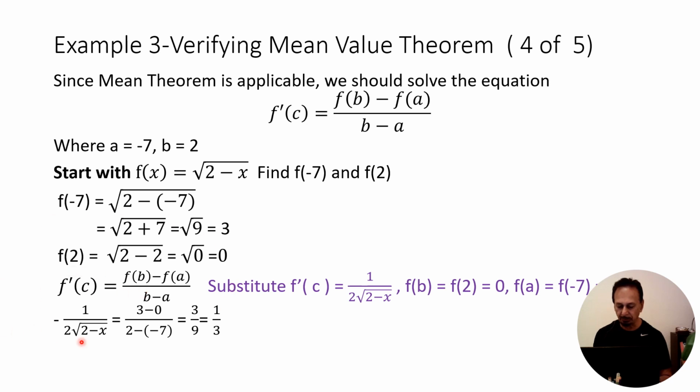So this equation becomes negative 1 over 2 times the square root of 2 minus x equal to (0 minus 3) over (2 minus negative 7). So this becomes negative 3 over 2 plus 7, which is 9, which becomes negative 1/3.